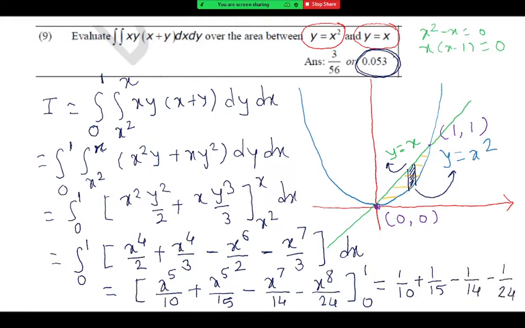No need to take the LCM if you are not interested in writing it as a fraction. Just write the answer in decimal as 0.053. So the choice is yours. You can write it with the help of a calculator as 0.053, or you can do it with the LCM and you should get the answer 3 upon 56. If anyone has a doubt here, you can ask.